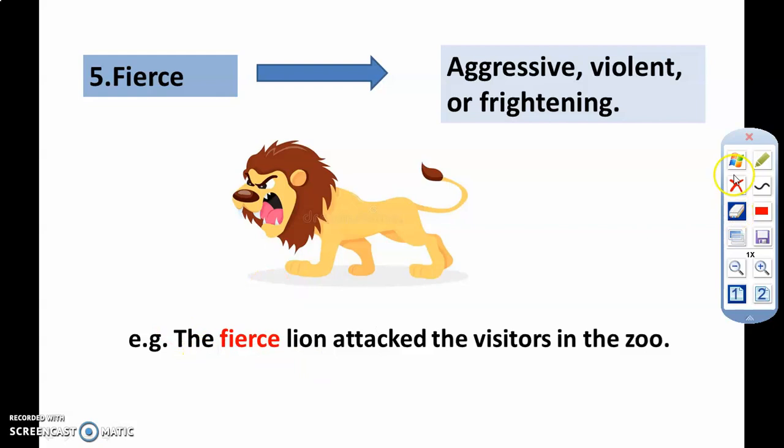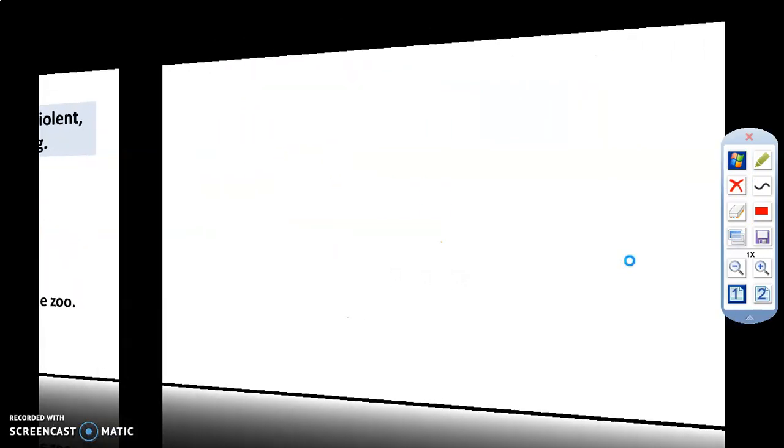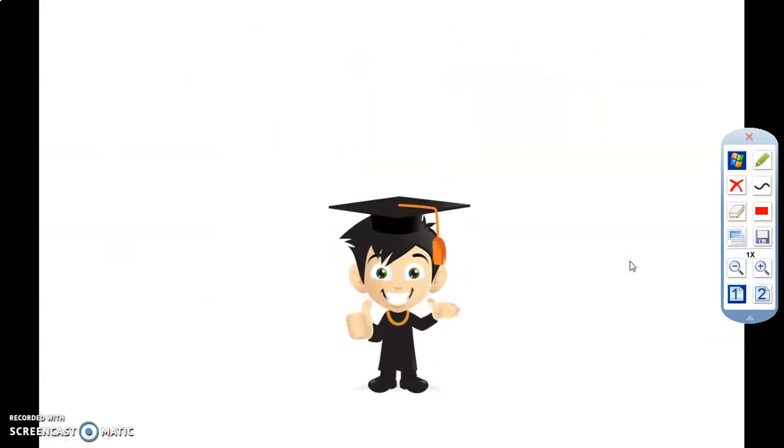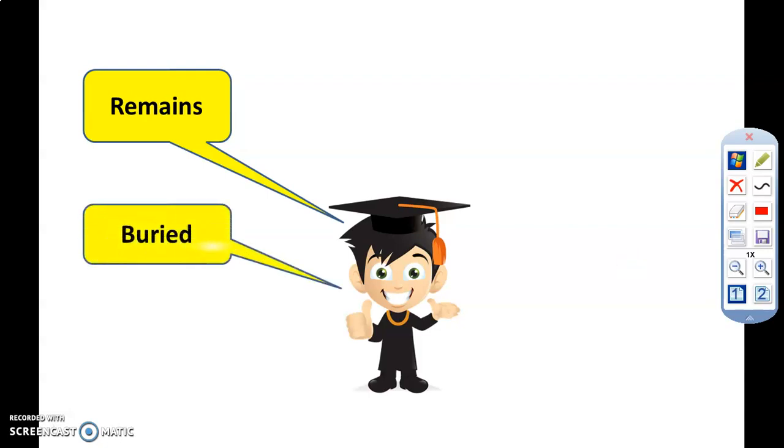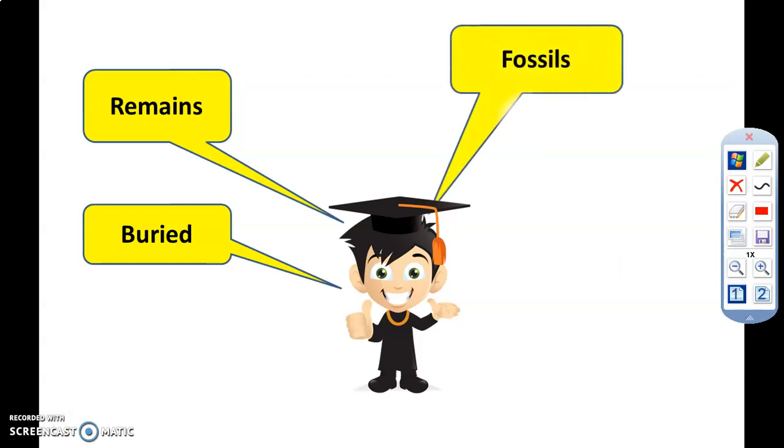Is that okay? I repeat, all together. Number one, remains. So remains are pieces or parts of something that is left. The second word, buried. So we said you bury something means you put it in the grave or you put it in the soil, in the ground. Next, fossils.